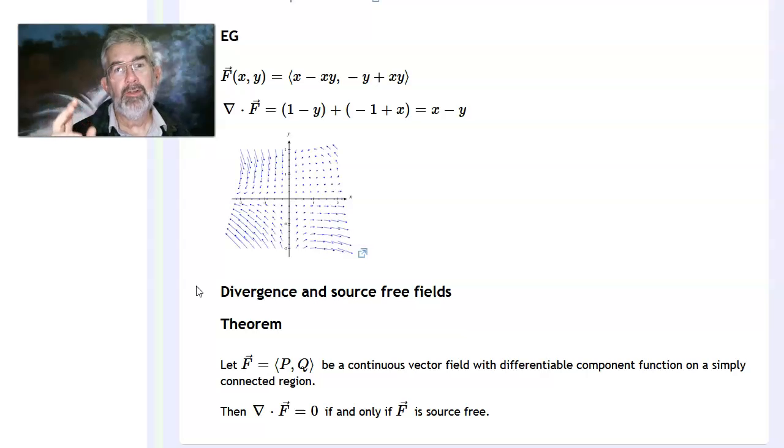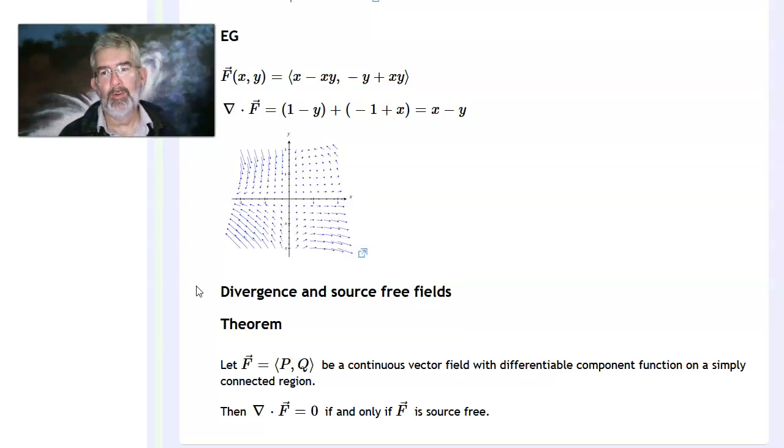And if that divergence was equal to 0, if partial p with respect to x plus partial q with respect to y is equal to 0, then it was source free, right? That around any loop you're going to have a flux of 0, and so there's no sources, or there's equally many sources as sinks in there, but because it works for every curve, you can say that there are no sources or sinks anywhere.